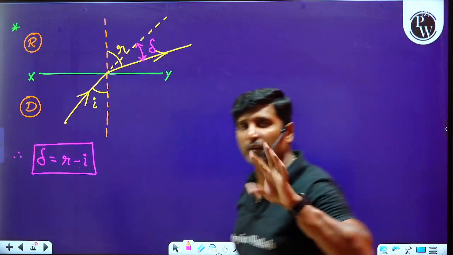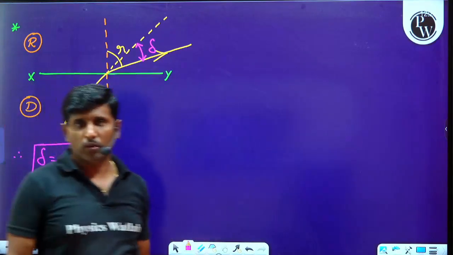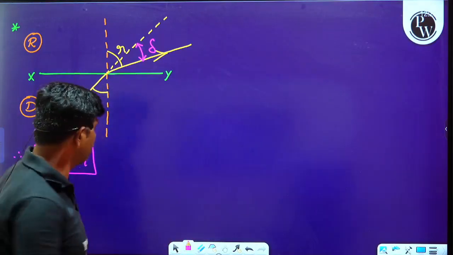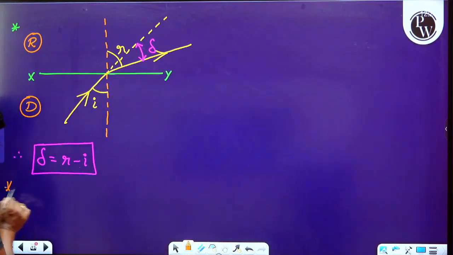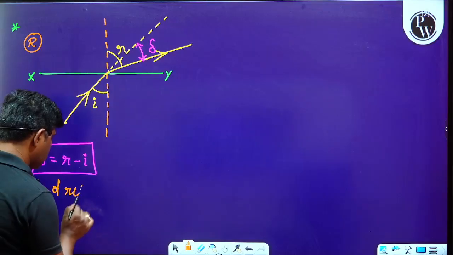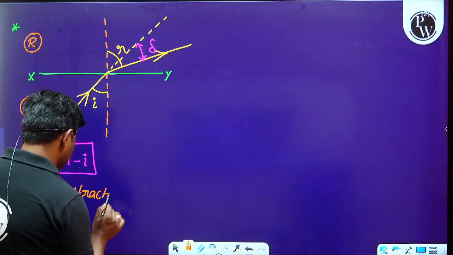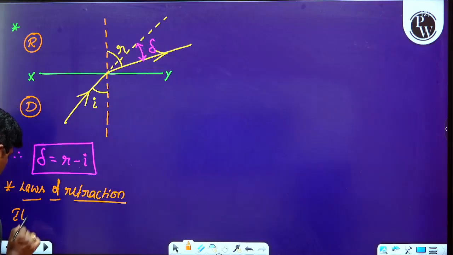Deviation of the light when it travels from rarer to denser, and also when it travels from denser to rarer. I hope we are understanding each and every point. Later we can move on to the laws of refraction. Okay. So please make sure you understand each and every point. What is the first law?